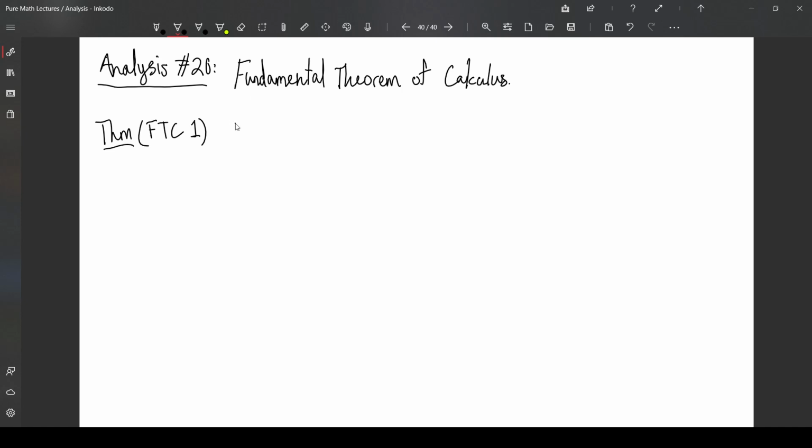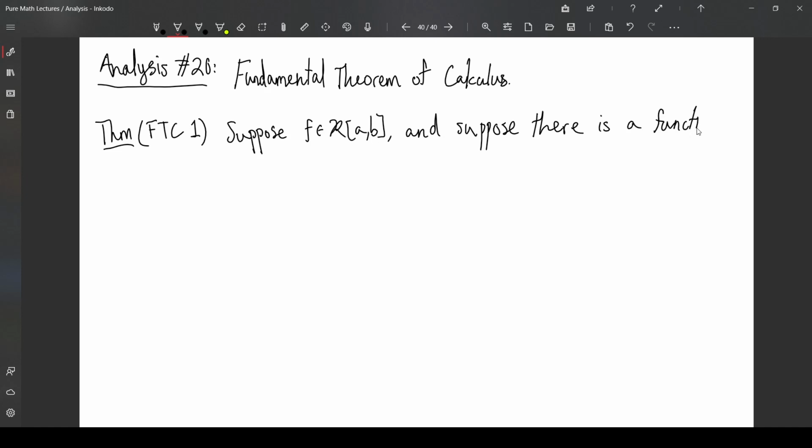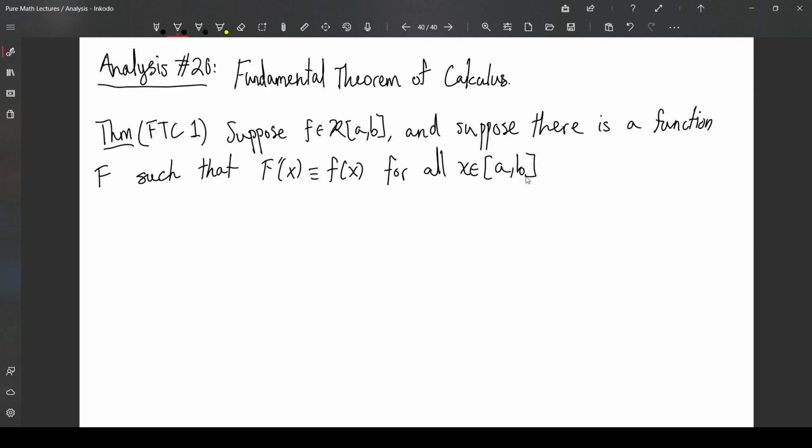It says, suppose f is a Riemann integrable function on the interval [a, b], and suppose there's a function capital F such that the derivative of capital F of x is equal to little f of x for all x in our interval [a, b].